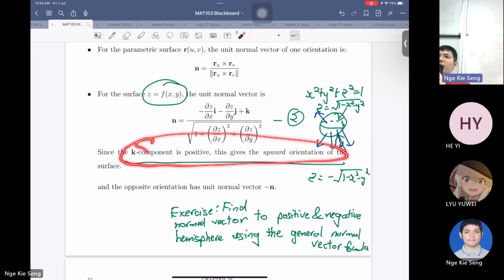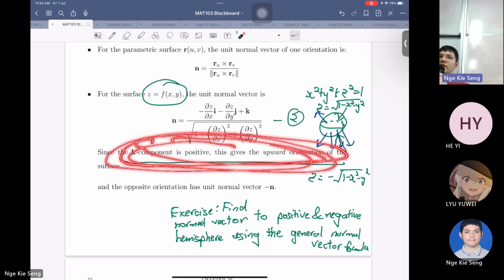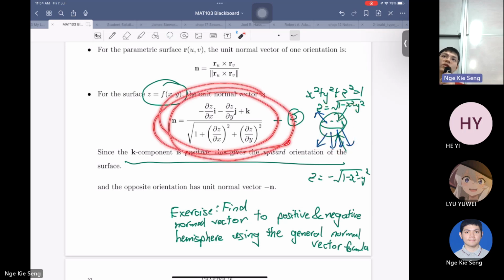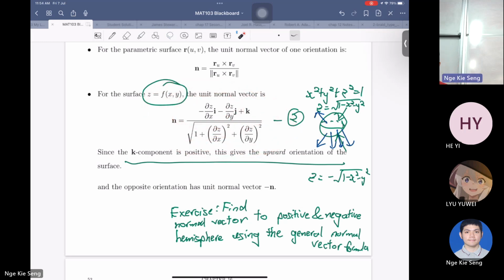Then check whether this comment is right or not. See whether the normal vector you computed is outward or not. And then compare with this formula here. Is it the same?